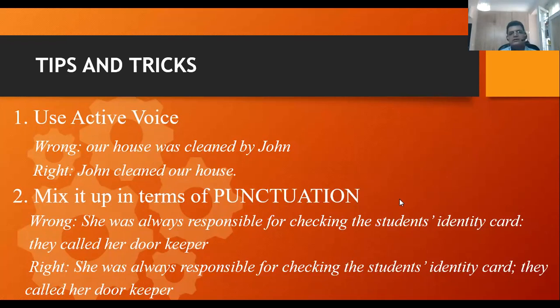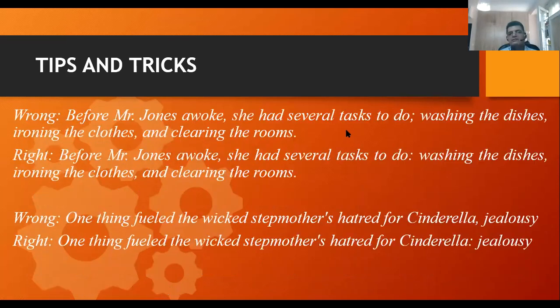Or the other example: before Mr. Jones awoke, she had several tasks to do; washing the dishes, ironing the clothes, and clearing the room. It is considered a wrong sentence. Why?